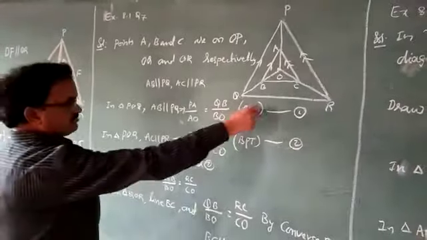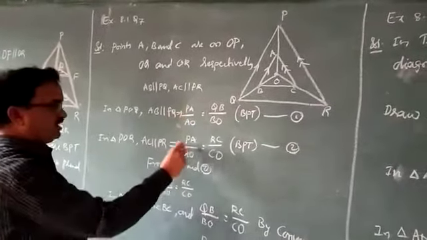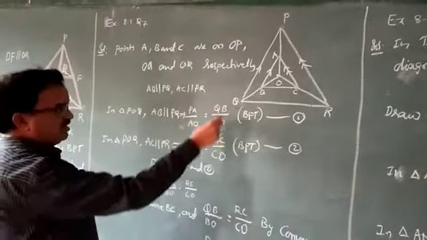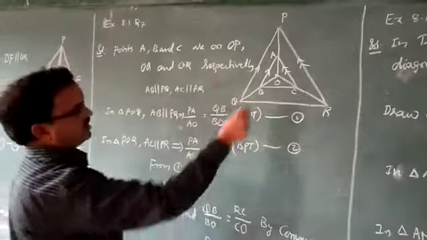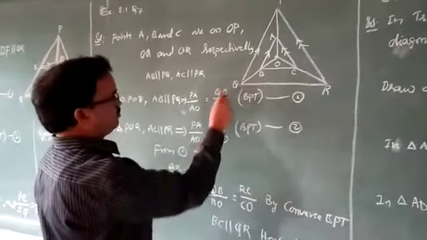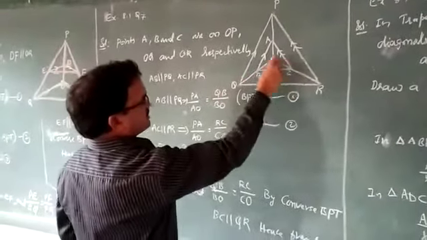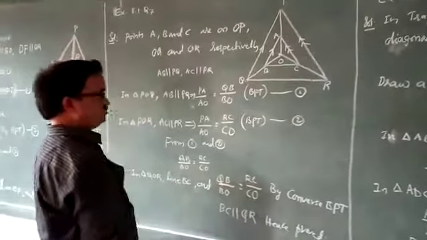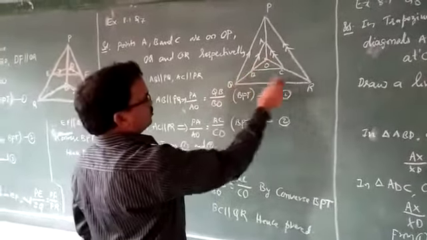In these two equations, LHS are equal, PA by AO. So these two are equal. QB by BO is equal to RC by CO. Here in the diagram you see QB by BO is equal to RC by CO. You consider this triangle OQR.